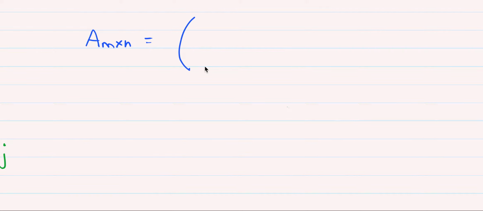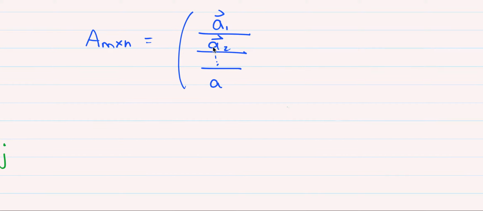Well, since it has m rows, we can think of it as a bunch of row vectors. And this just means all the way to Am. And each one of these row vectors contains n entries.